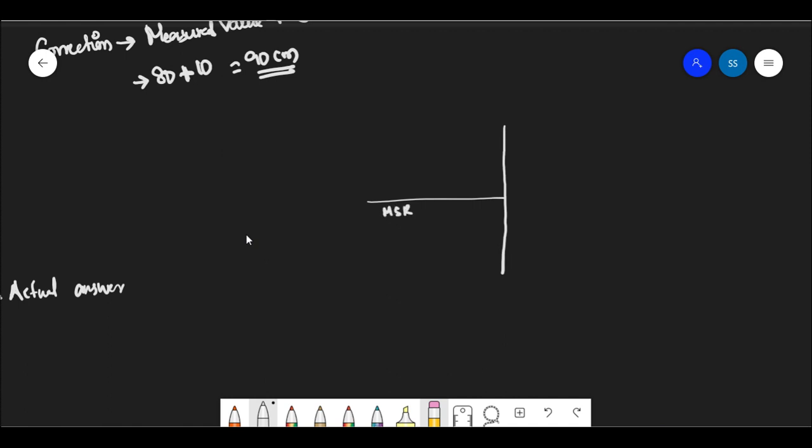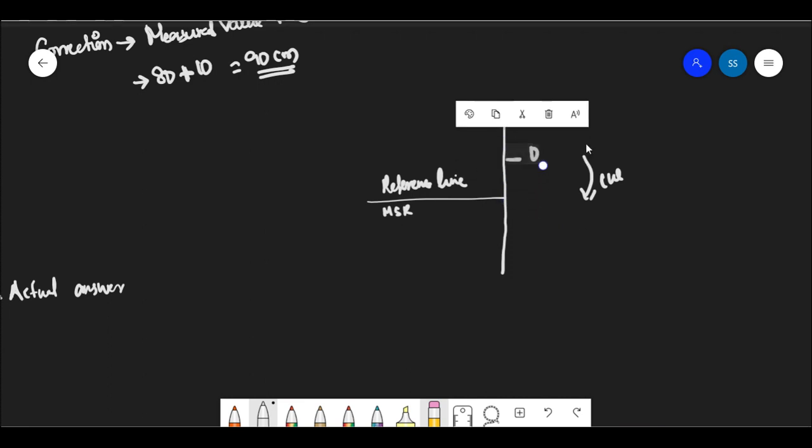Similarly, you have this reference line and you have this main scale, right? And when you're rotating clockwise and the zero is here, again, what's the situation if the zero was over here? When the zero was over here, this is known as no zero error. Since the zero is over here, there is some error, right?